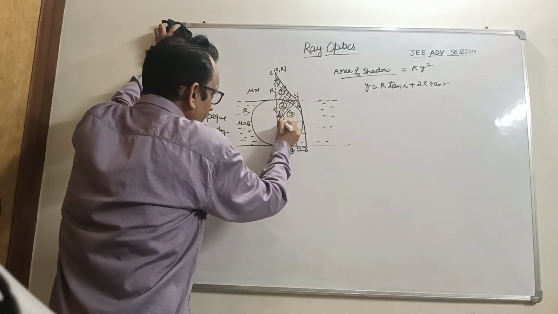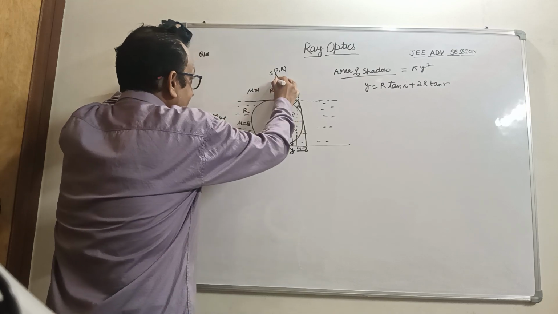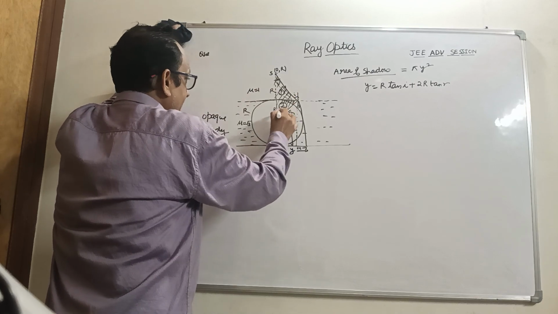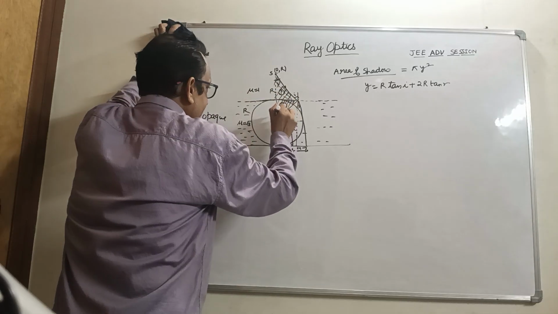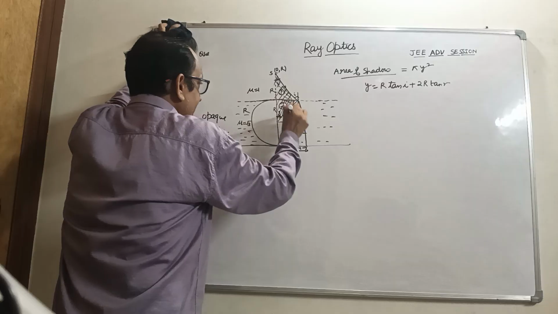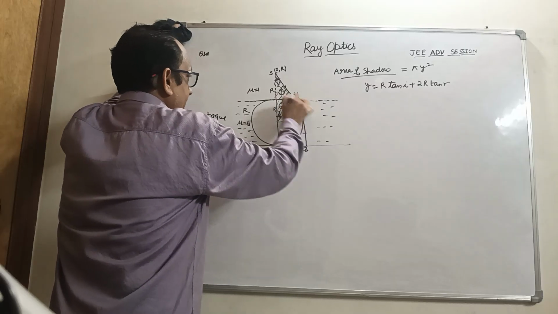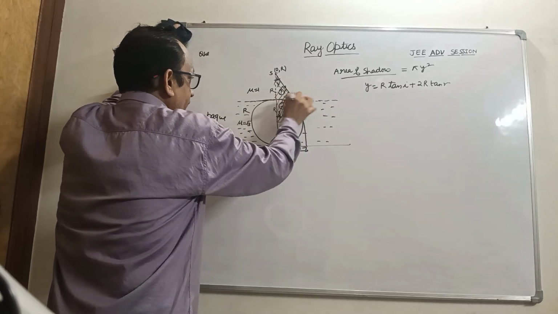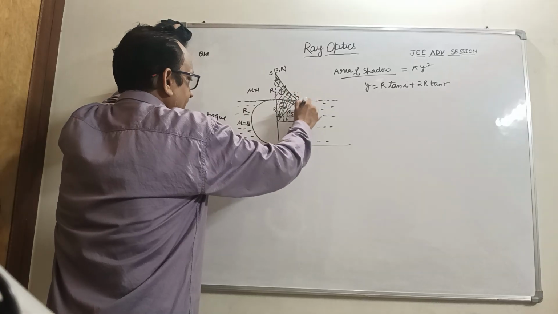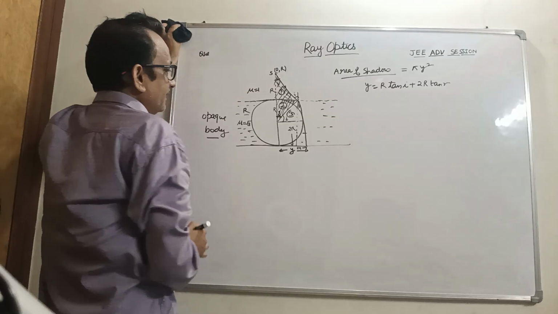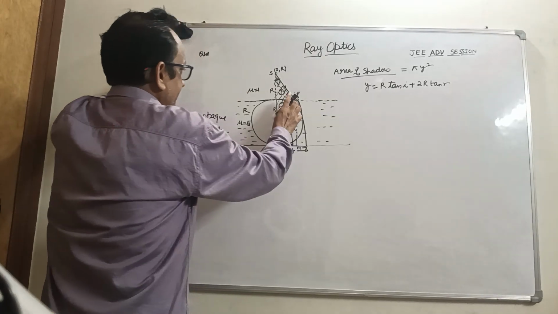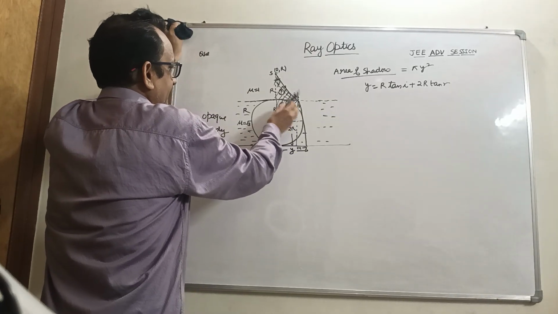So this angle would be i also. This angle is i because 1 and 2 are congruent, and this angle becomes i. 2 and 3 are congruent because of the common tangent and the radius, and this is the common length.